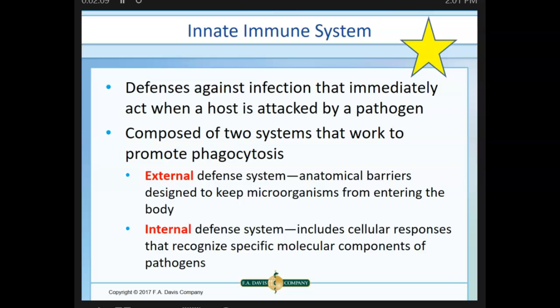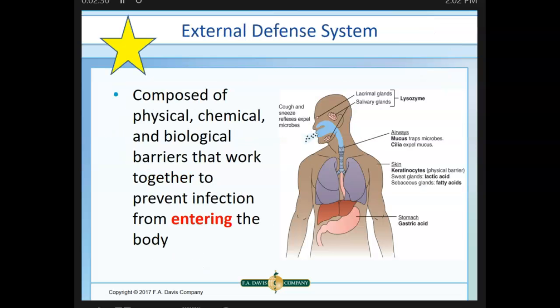The external defense system is designed to keep microorganisms from ever entering the body. The internal defense systems include cellular responses that recognize specific molecular components of pathogens after they have entered the system and gotten past our external defense system.